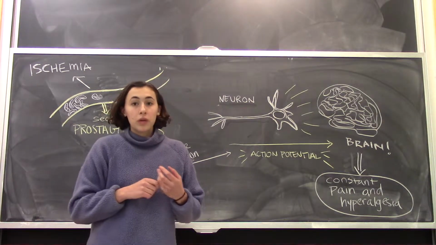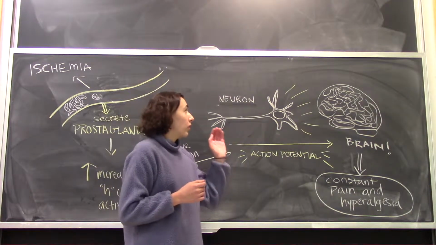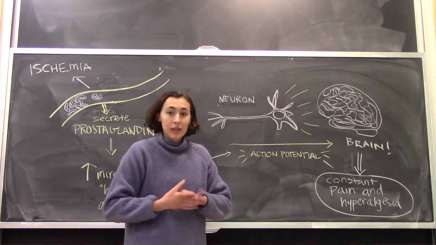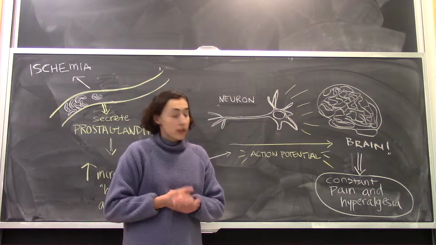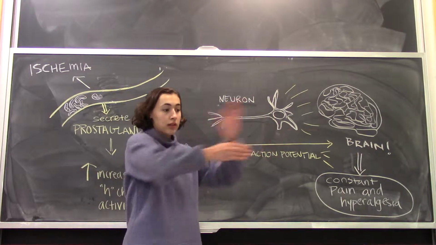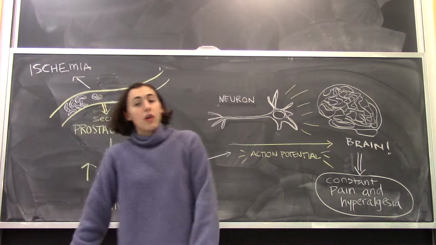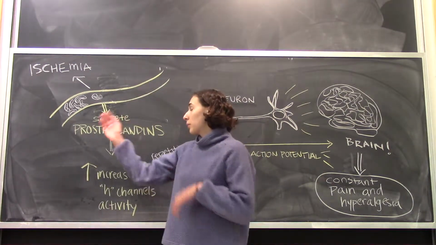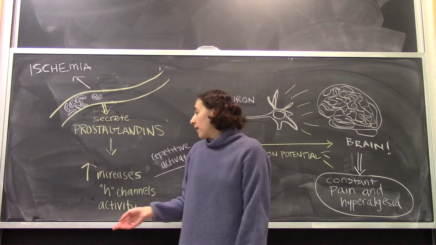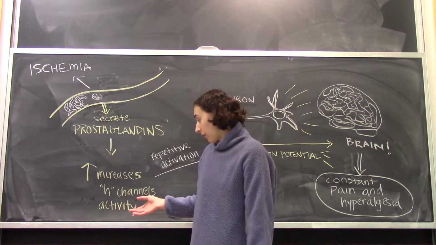In order to understand what signaling is, when we talk about signaling, we're talking about the ways that neurons interact with the brain. They do that by sending signals called action potentials through their axons, and they'll line up and all send this same signal, and it'll eventually reach the brain. When prostaglandins are secreted in response to this stress and tissue damage, they in turn increase the activity of a channel called the H channel.